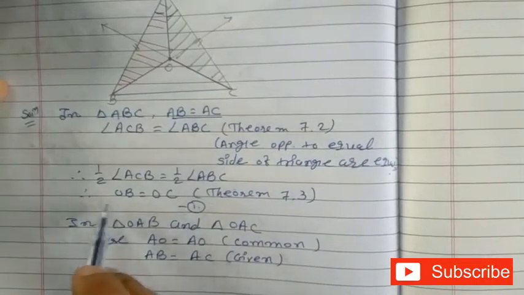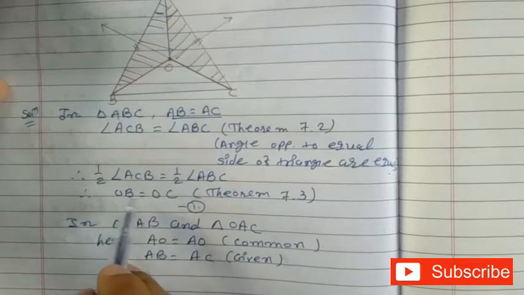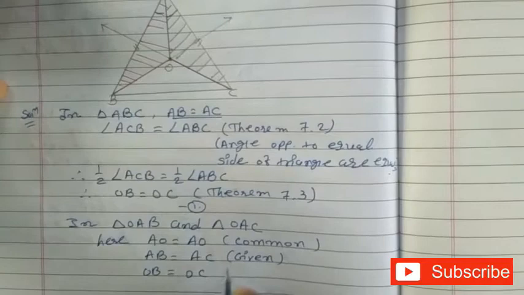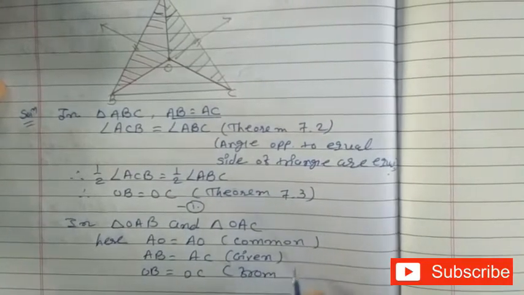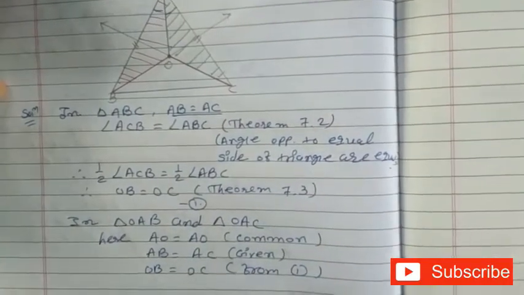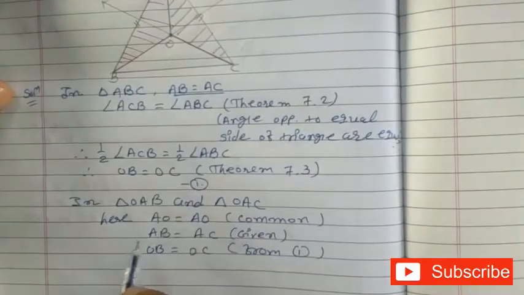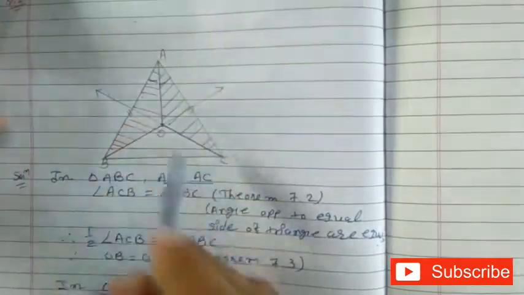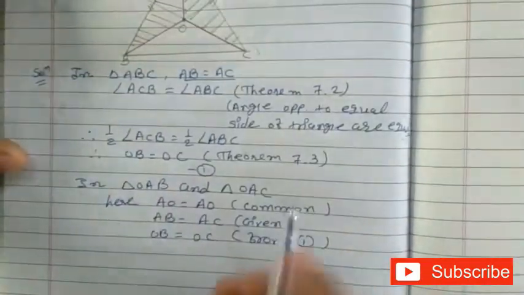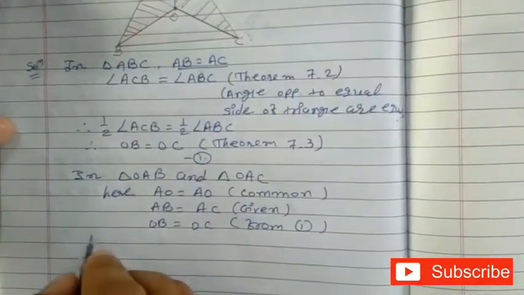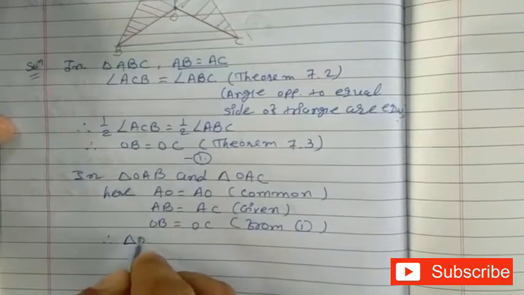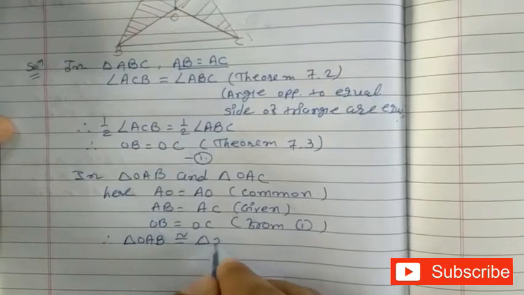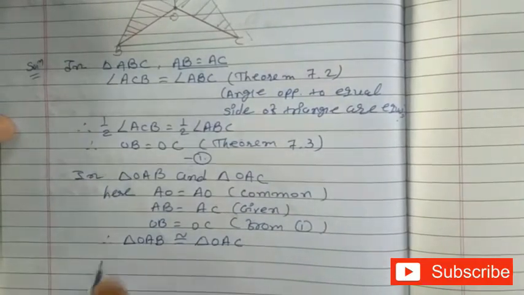Now the third thing is we just proved that OB is equal to OC from the first part. Am I right? That's why we can say that triangles OAB and OAC are congruent. Therefore triangle OAB is congruent to triangle OAC.